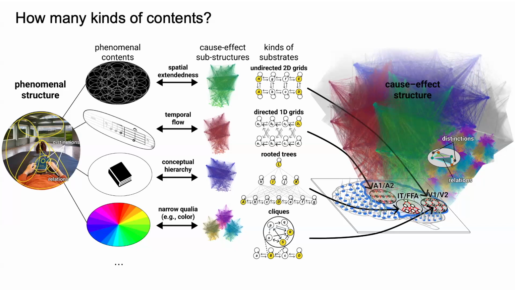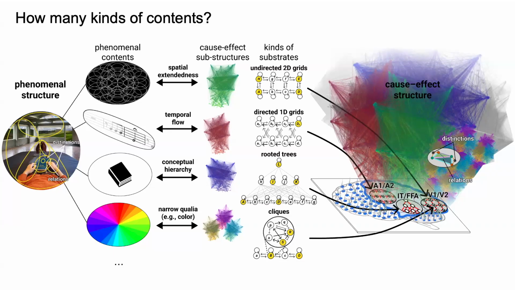The agenda of IIT is to address each of these one by one and try to account for them in the same way. There is a connection between the type of substructure that is specified, which corresponds to a kind of content of experience, and the kind of substrate that unfolds into that structure.